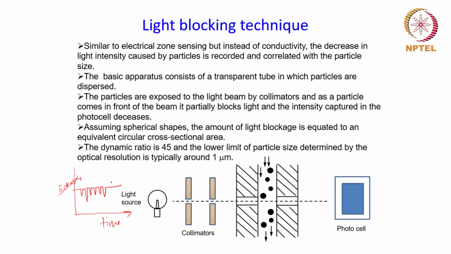So the intensity can vary something like this depending on the size of the particles. And if you assume a spherical particle shape, the extent of this intensity variation can be correlated with the size, and from that the particle size can be obtained. The dynamic ratio for this particular technique is about 45, and the lower limit of the particle size that can be determined depends on the optical resolution of the system, and it is typically around 1 micrometer.